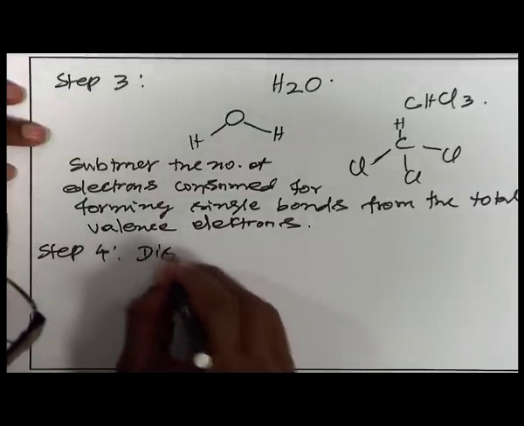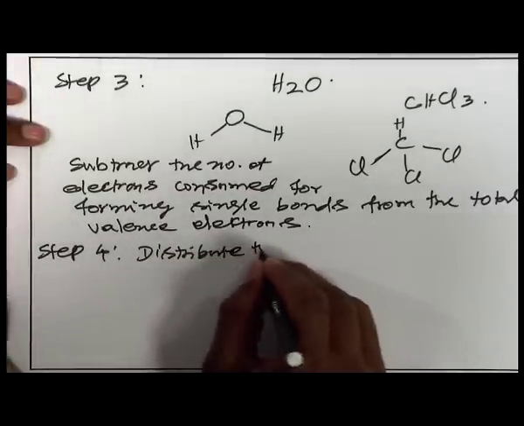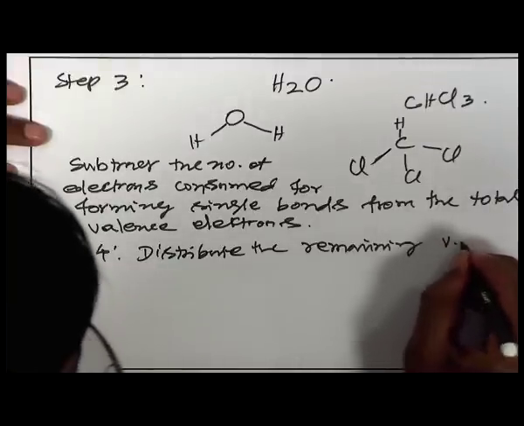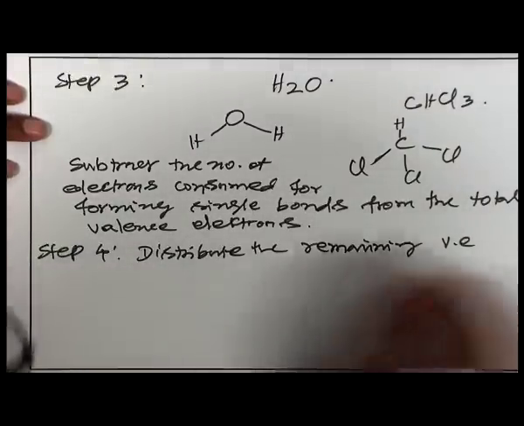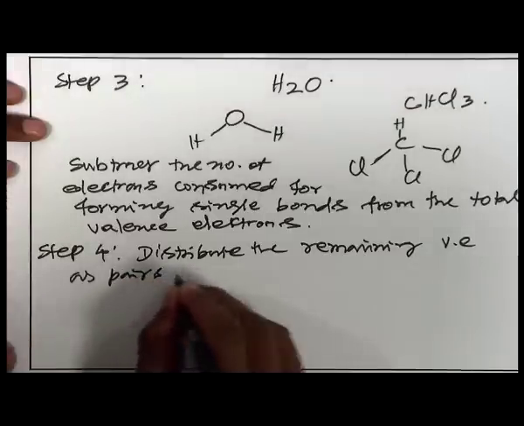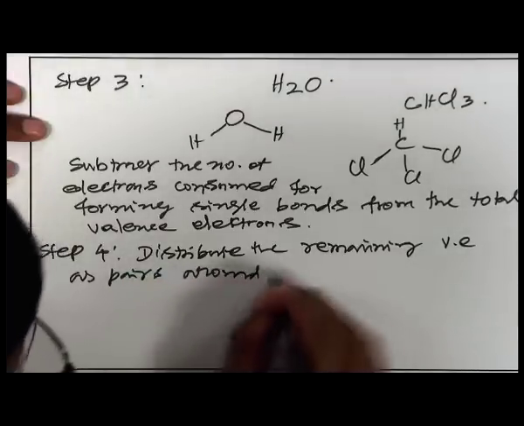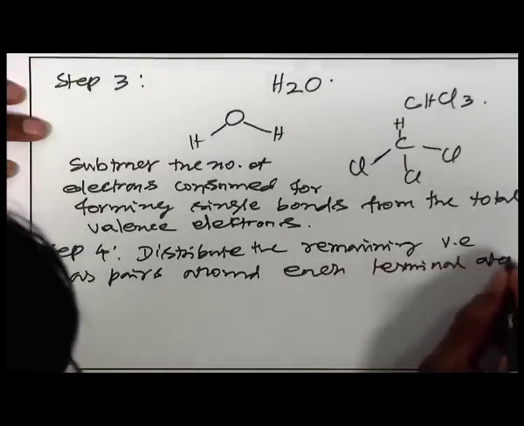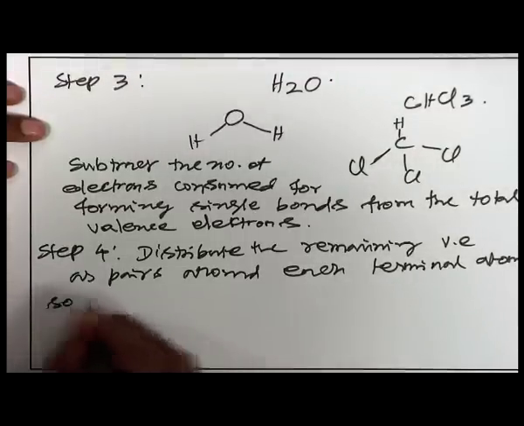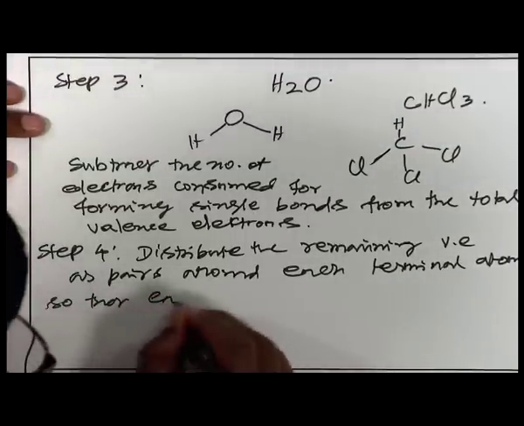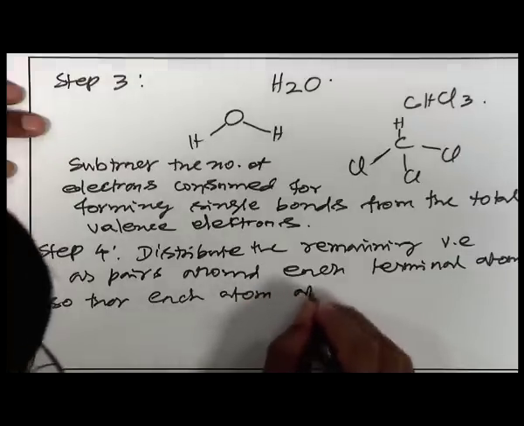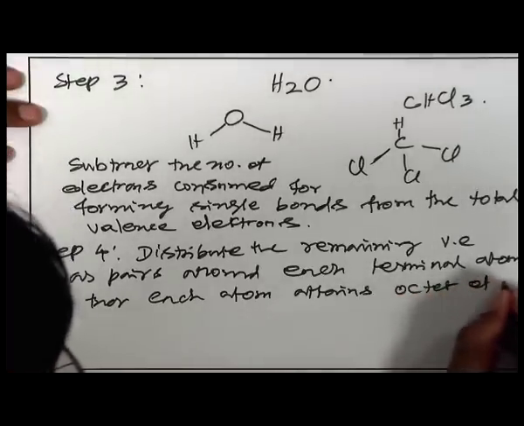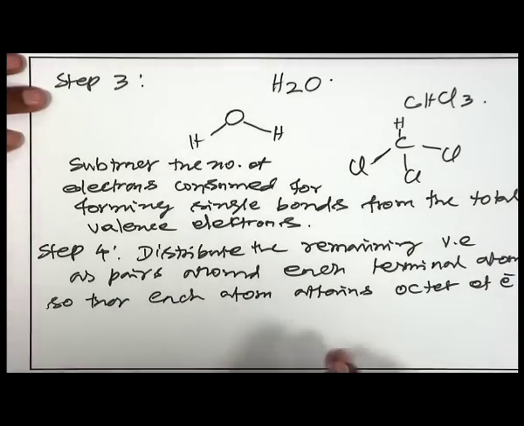Distribute remaining valence electrons as pairs around each terminal atom, so that each atom attains octet of electrons, except hydrogen.